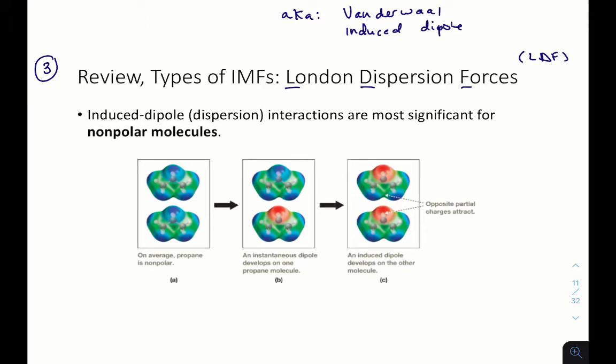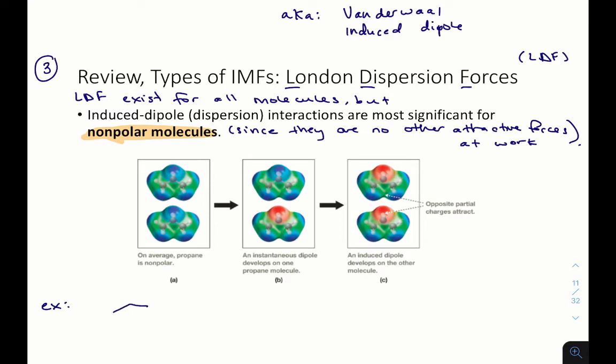Induced dipole interactions are most significant for nonpolar molecules. Now, they exist for all molecules, but they're the weakest type of intermolecular forces of attraction, and so they're most significant when they're the only type that exists for a molecule, as is the case for nonpolar molecules.